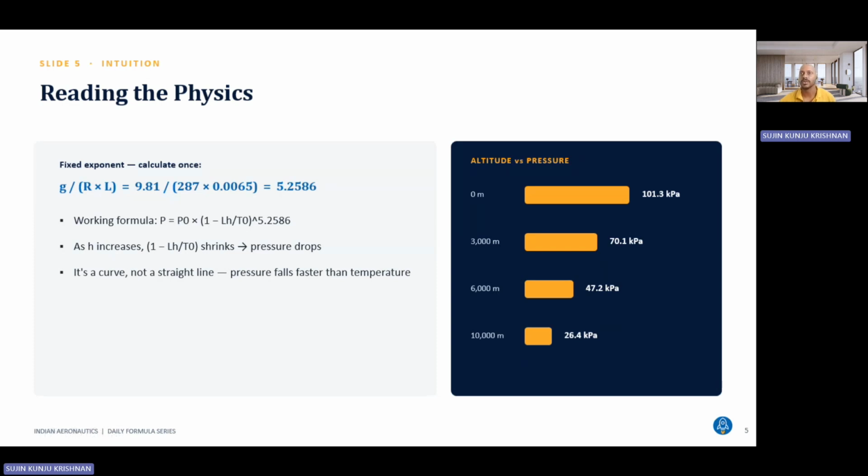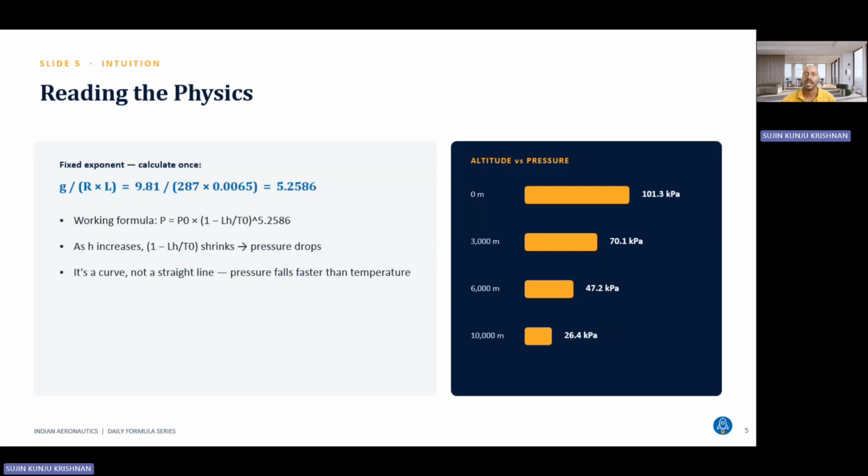Write that number down. You will use it in every single problem. So really, P equals P0 times the quantity 1 minus LH over T0 raised to the power 5.2586. That's it. One constant exponent every time.